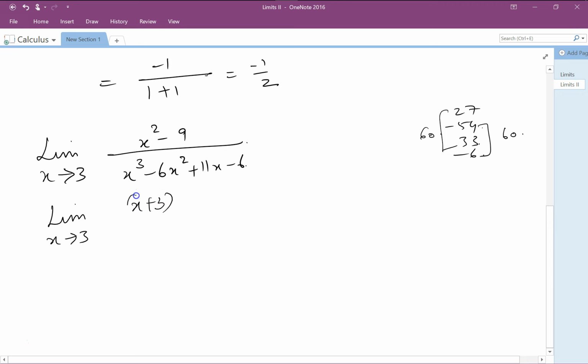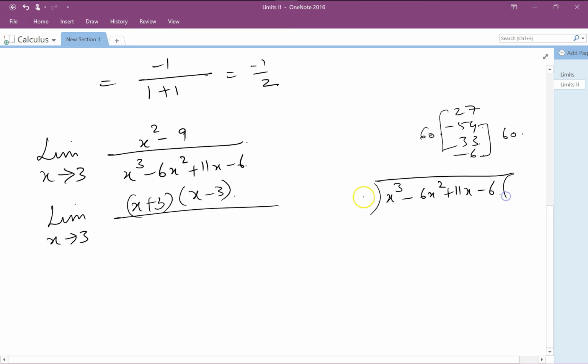x plus 3, x minus 3. Let's divide the denominator by one of them, x minus 3, let's say. So x square will give you x cube minus 3x square, and subtracting, minus 3x square plus 11x.